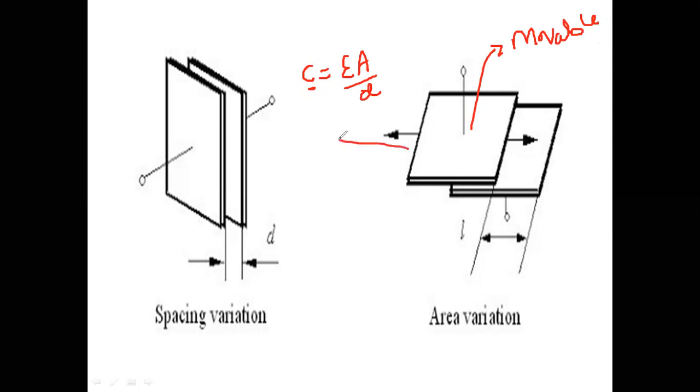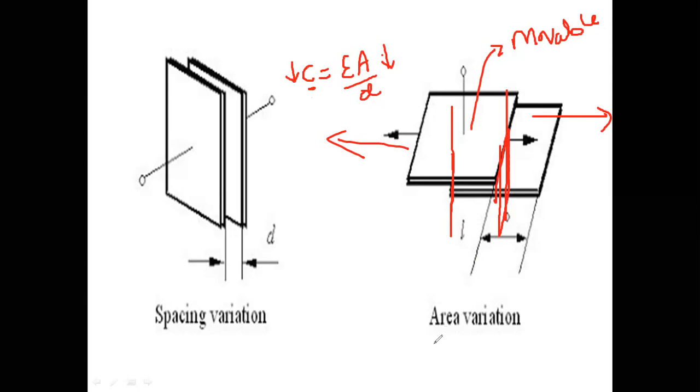If the displacement is towards this side, then this top movable plate moves towards the direction of displacement, towards the right side, so that the overlapping area is now reduced. Since the overlapping area is reduced, capacitance C is reduced, the bridge will become unbalanced. Z1, Z4 is not equal to Z2, Z3. I will get a current I in the meter in the bridge. So the current is a measure of the displacement applied here.